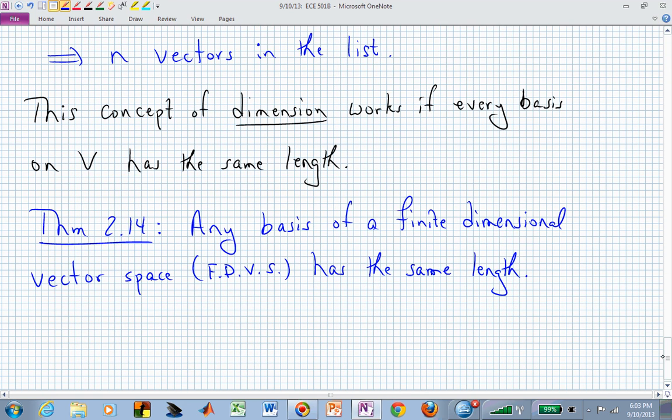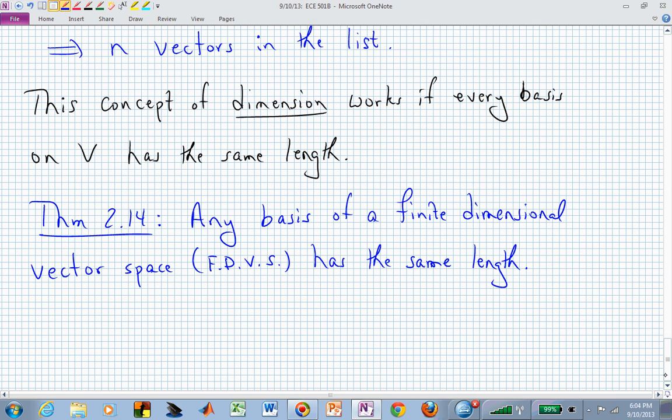And that's true if every basis on our finite dimensional vector space V had the same length, and we're assured of that by Theorem 2.14 in Axler. Theorem 2.14 says any basis of a finite dimensional vector space, and I'm going to subsequently get tired of writing finite dimensional vector space, so I may abbreviate that capital FDVS, has the same length.